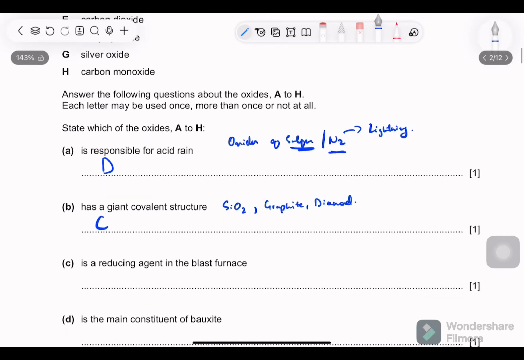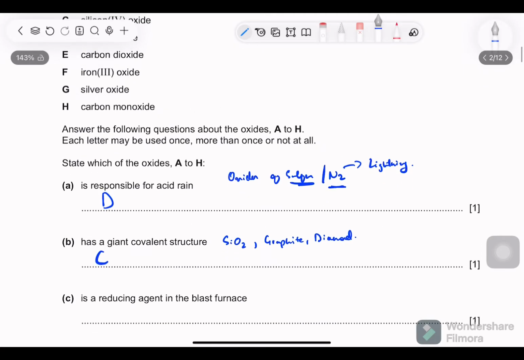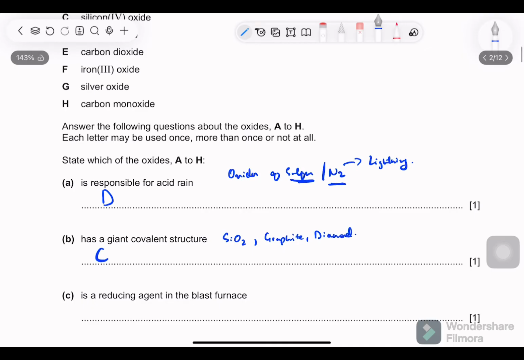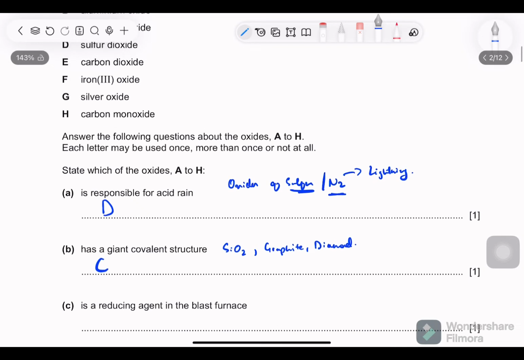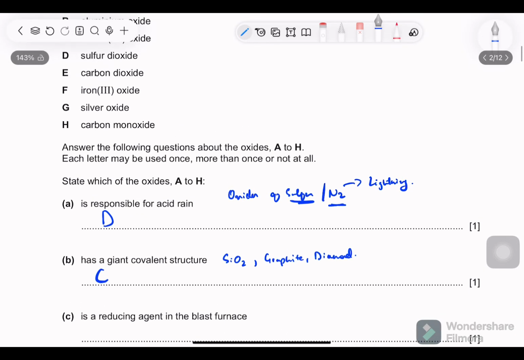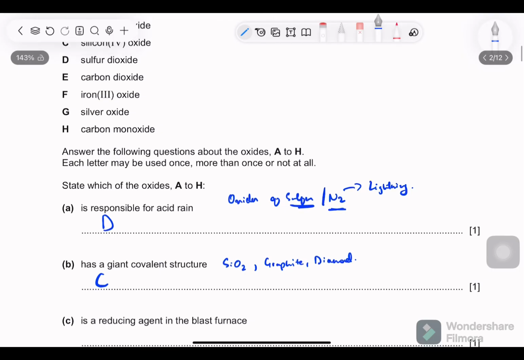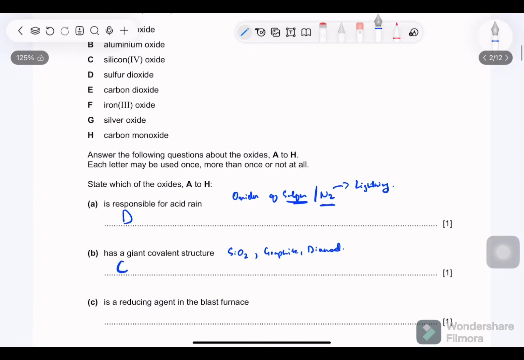Next is a reducing agent in the blast furnace. So we have a series of reactions in the blast furnace in the extraction of iron. You have to memorize all the reactions sequentially, their features, their products, their reactants, the balanced equations, what is a reducing agent, what is an oxidizing agent, what is a purifying agent, which reaction is thermal decomposition. Every reaction you have to memorize. You can find all of it in the metals chapter, and most of it is given in the syllabus itself.